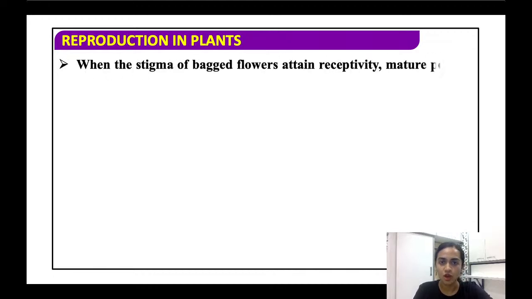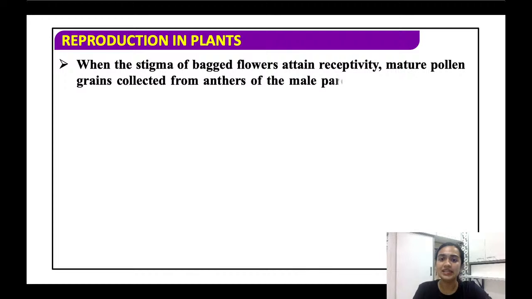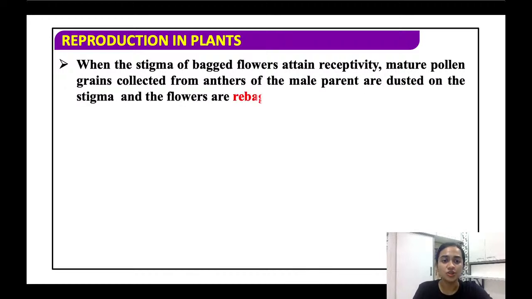When the stigma of the bagged flower attains receptivity, mature pollen grains collected from the anther of the male parent are dusted on the stigma and the flowers are rebagged. See, now we have the good quality pollen. So whichever pollen we want, we dust it on the stigma ourselves, artificially.